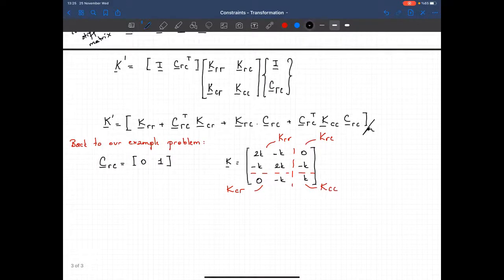Now, our constraint stiffness matrix will be equal to KRR.